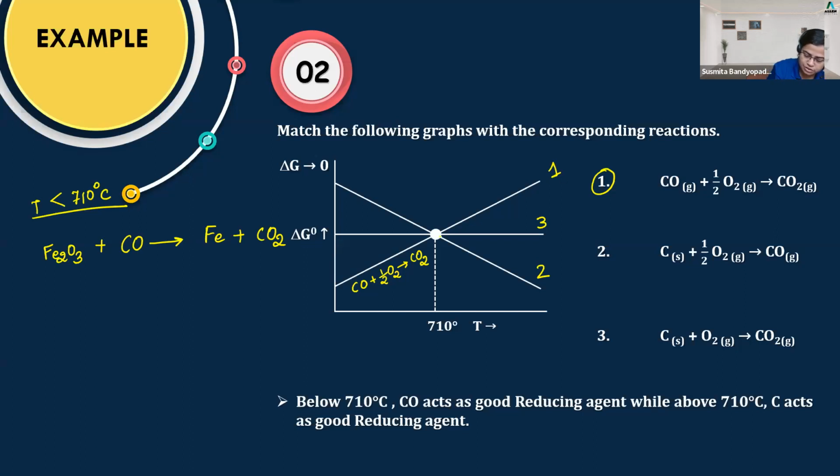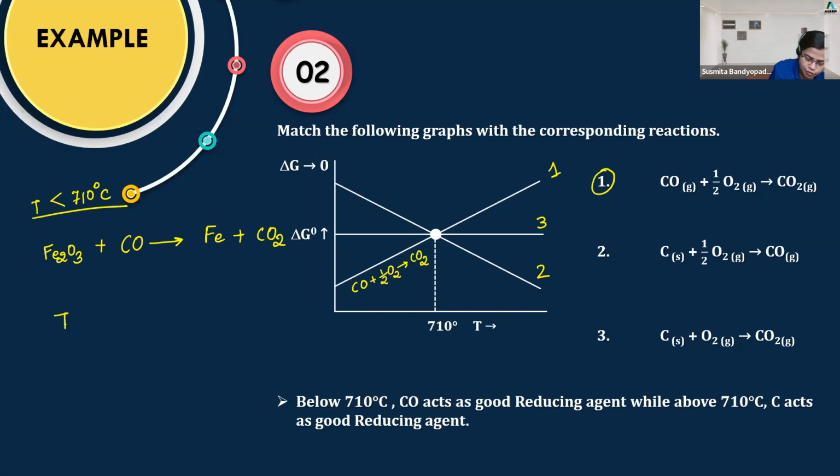Before the dot, or below 710 degrees centigrade, the most feasible reaction out of the 3 is CO plus half O2 giving CO2. That's the reason that below 710 degrees centigrade, the most stable oxide formed on the product side is CO2. And that's how I've justified my point.